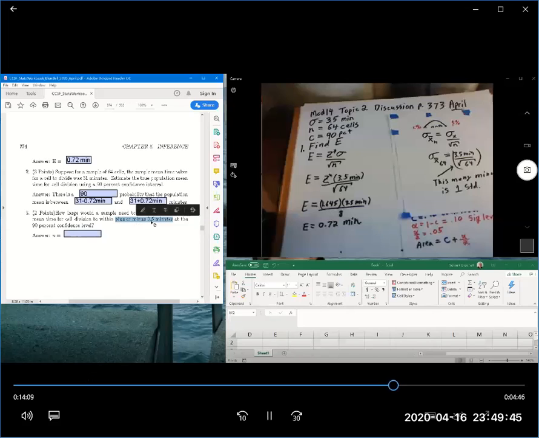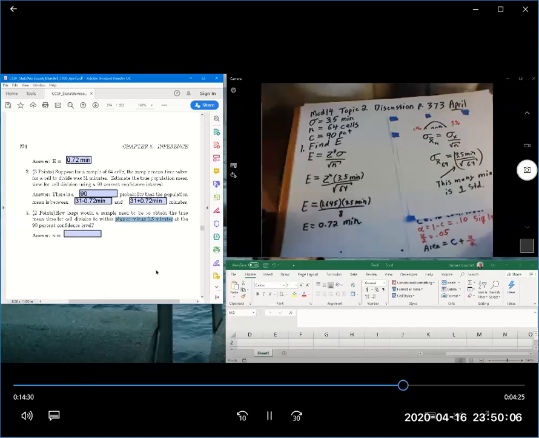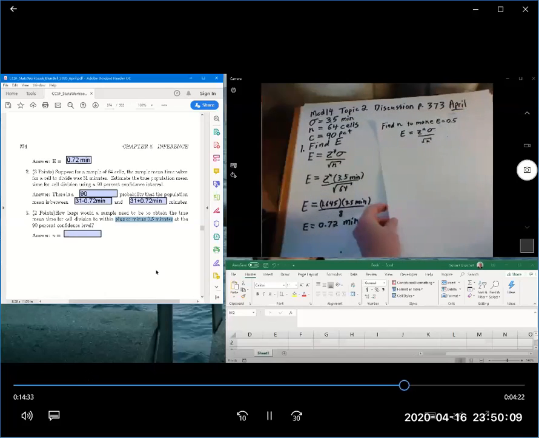If you wanted the E to be half a minute instead of 0.72 minutes, now the question is, how big would your sample need to be? So, it's a little algebra problem. Now we want to find the n in order to make the E to be 0.5.